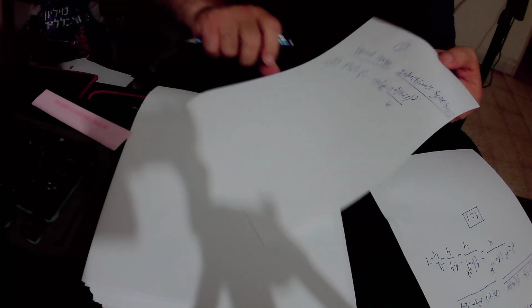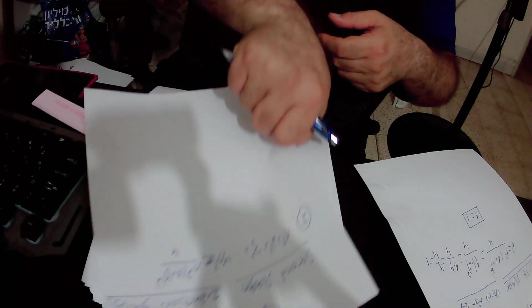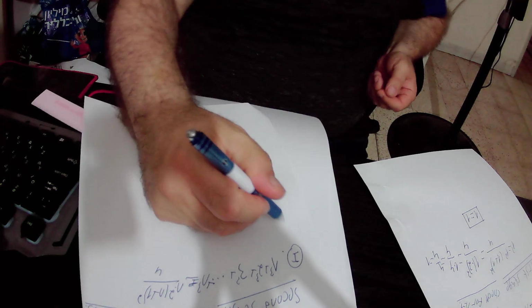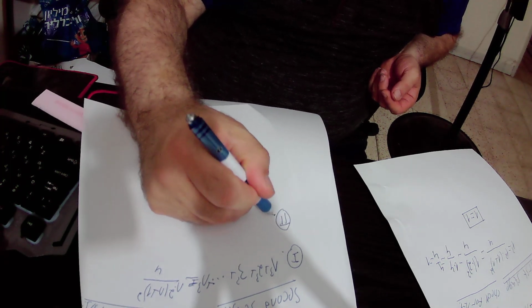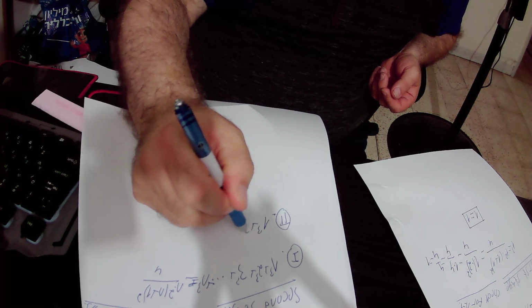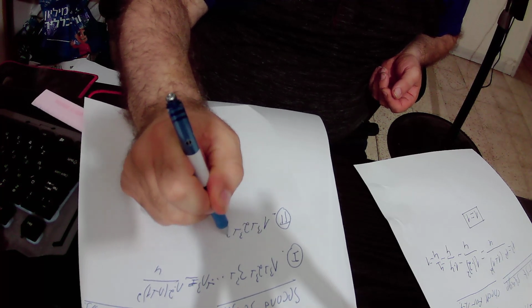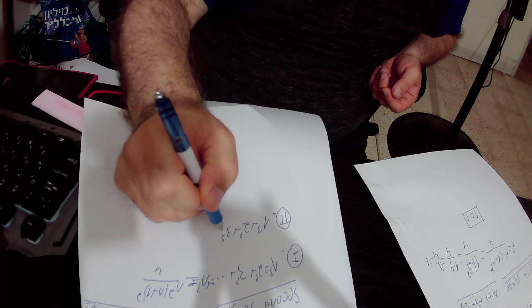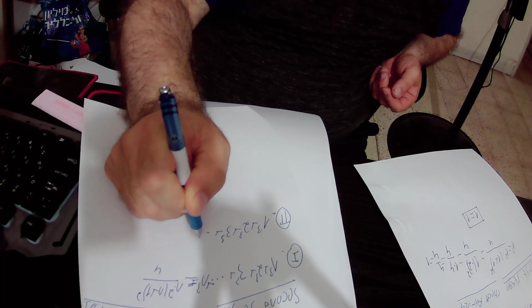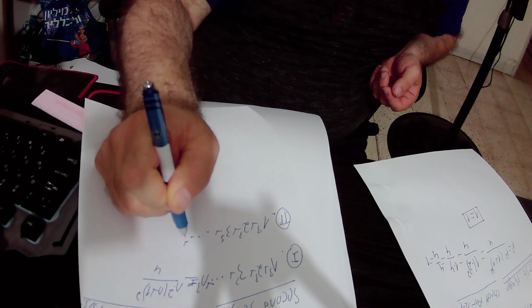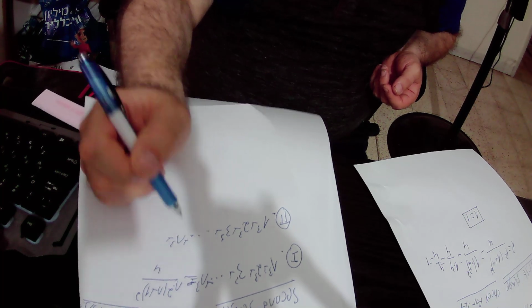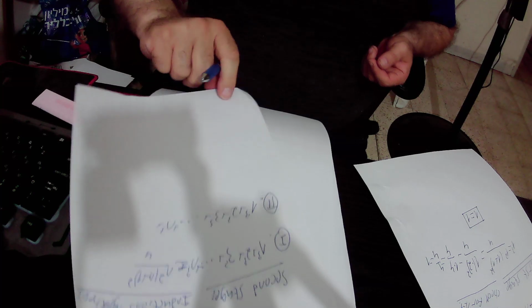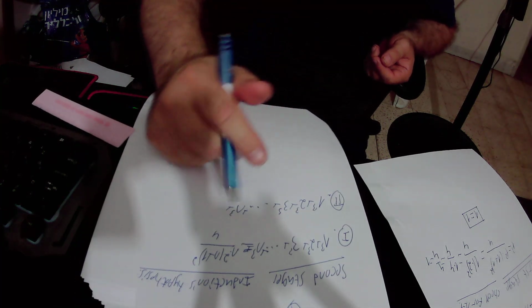So now we will create the expression for the statement for n plus 1. It will be 1 to the power of 3 plus 2 to the power of 3 plus 3 to the power of 3 plus n to the power of 3. It is the expression for n plus 1, so we will add numbers until n plus 1.